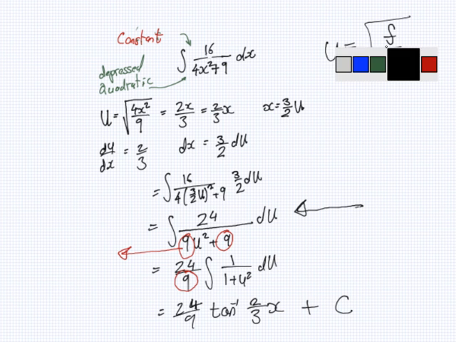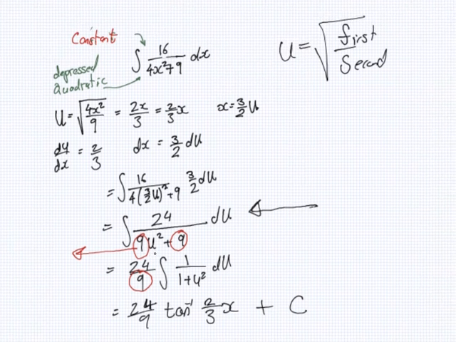Choosing this substitution will make this line have the same number here. This is only applied in a depressed quadratic, because this trick requires you to have 2 pieces. So then you might ask, what do you do if you have 3 pieces? And that is next.